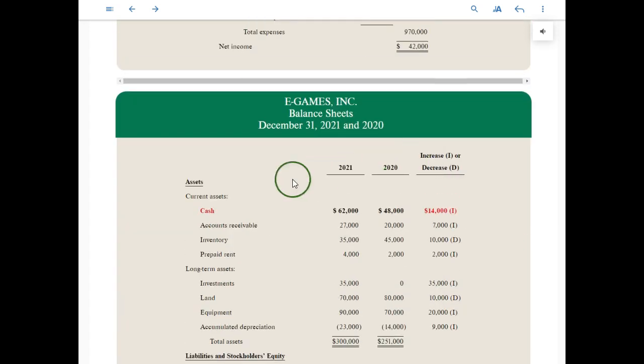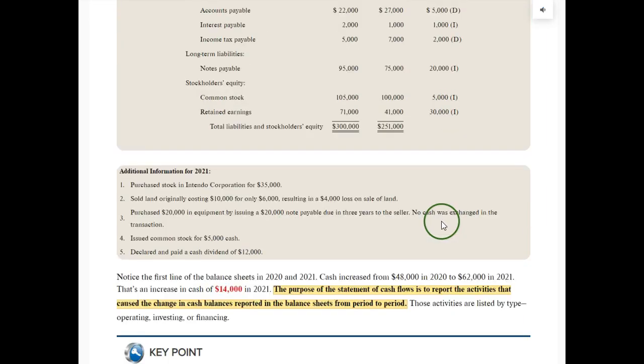It ties directly right here. Here's the 14 increase, last year's balance, add, and get the 62. So this cash flow statement at the very end will refer back to these numbers. We prove this change through going through the three sections: operating, investing, and financing.